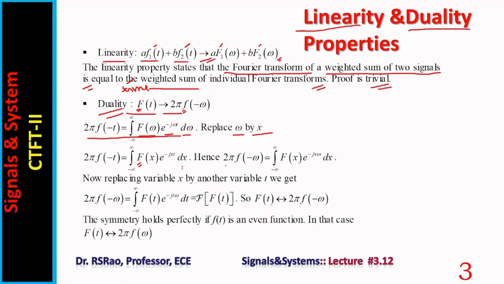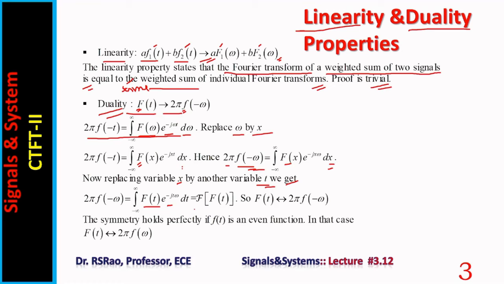Hence, 2 pi f of minus omega is equal to integral minus infinity to plus infinity F of x e power minus j x omega dx. Now replacing variable x by another variable t, we get 2 pi f of minus omega equal to integral minus infinity to plus infinity F of t e power minus j t omega dt.